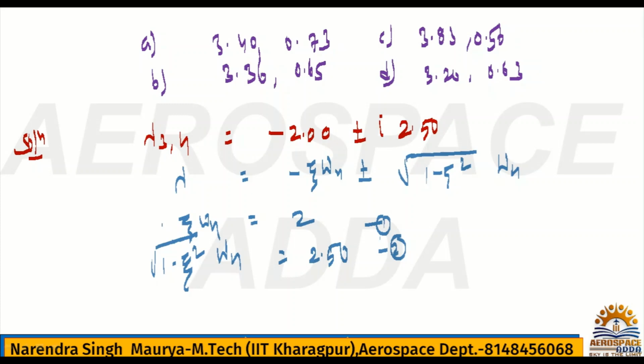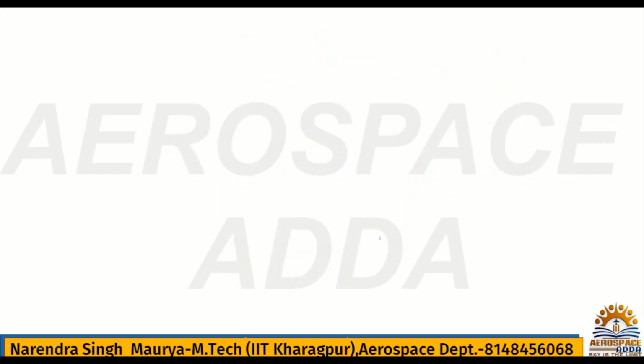You can take the ratio, which will also help, as omega n cancels out. You just divide, so you can do equation 2 by equation 1.